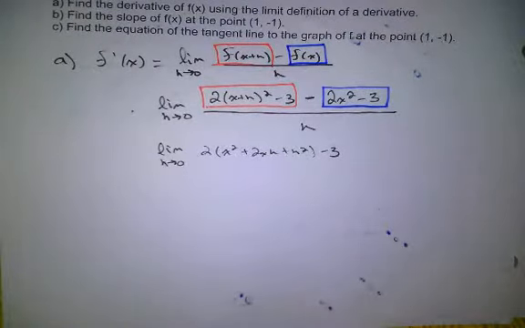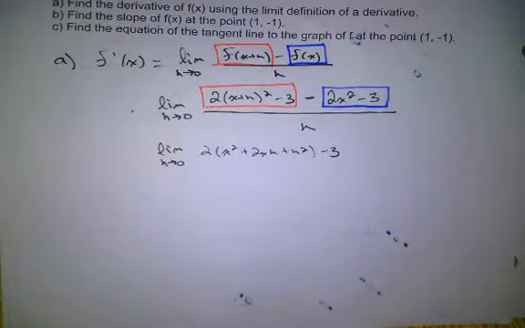Because I just should be the negative. All over h. So now we're going to get 2x squared plus 4xh plus 2h squared minus 3 minus 2x squared plus 3.